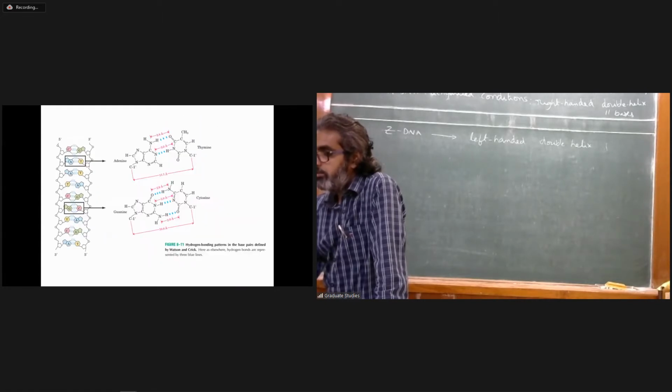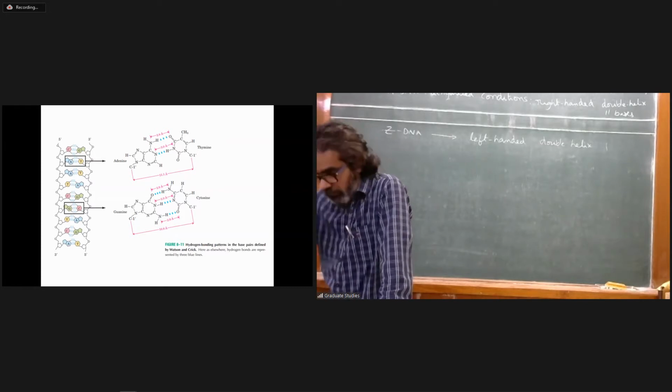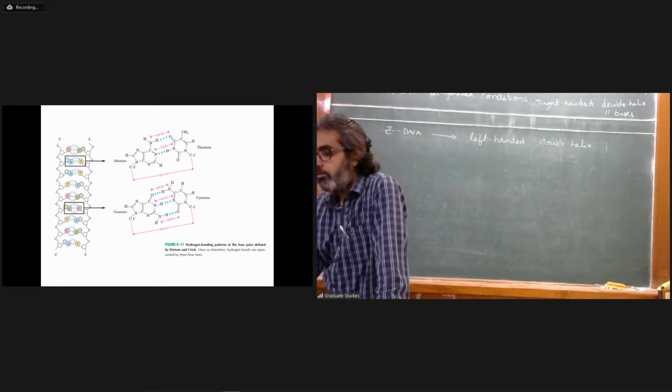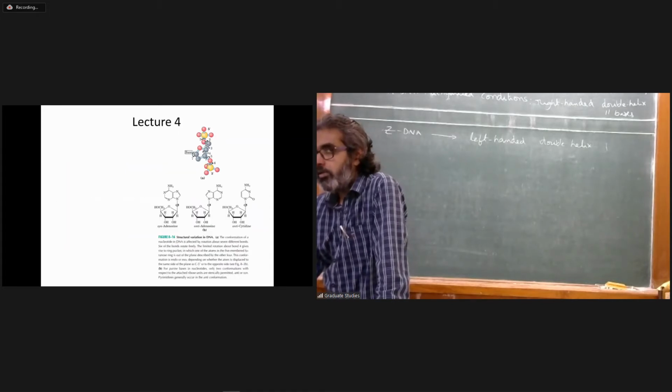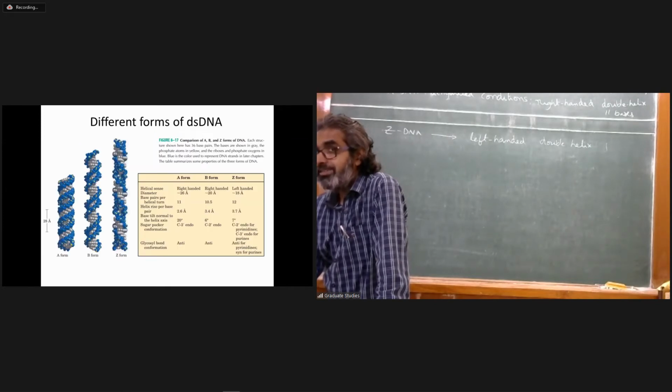So these are DNA fibers, which means really large stretches of DNA, and not short stretches. They are not crystals, by the way. A form DNA is crystalline.